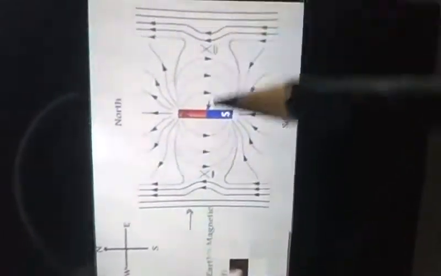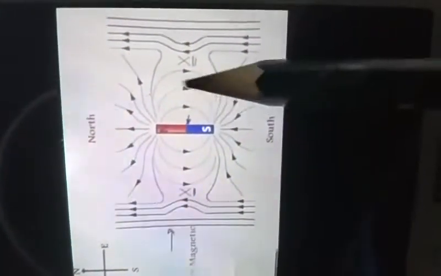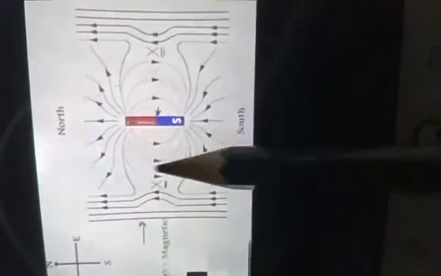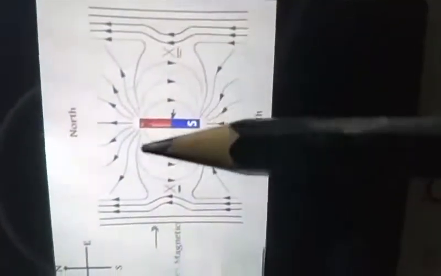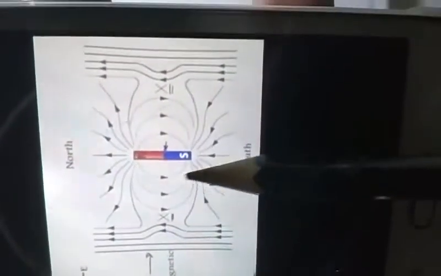But when we keep the bar magnet, in the bar magnet the field goes from north to south outside and south to north inside. So the earth's magnetic field is there, but similarly the bar magnet also has its own magnetic field.